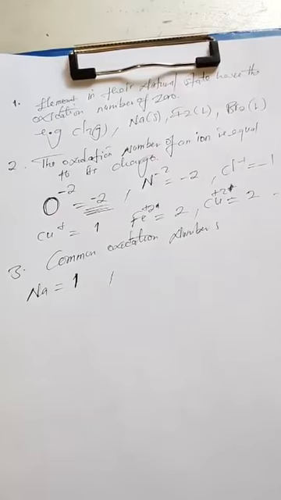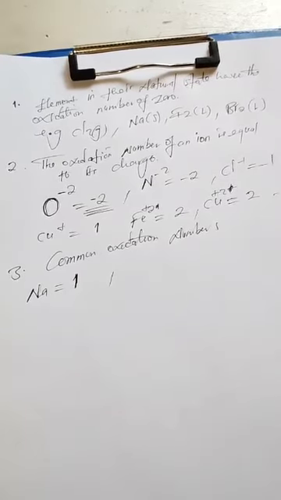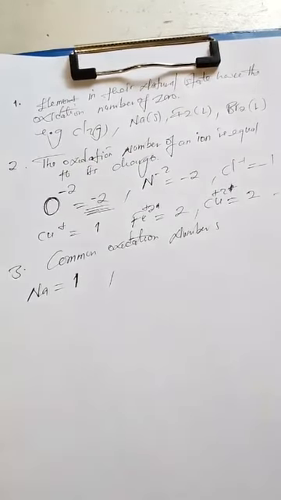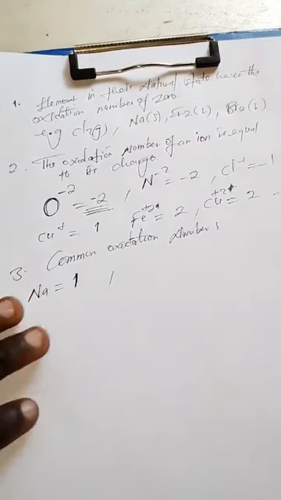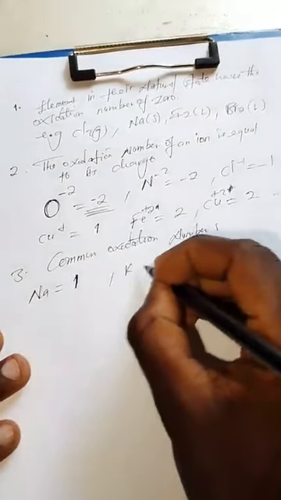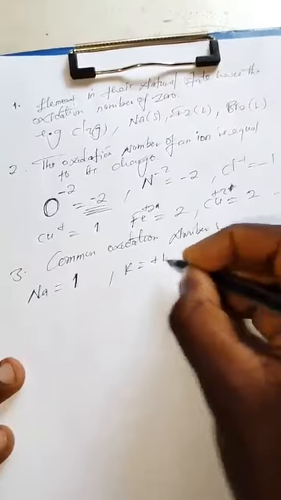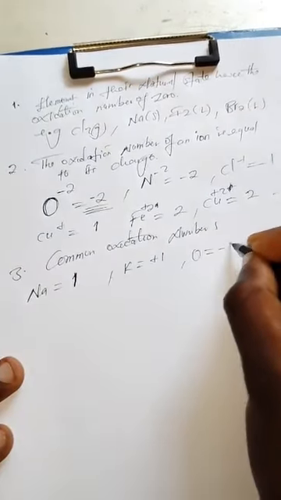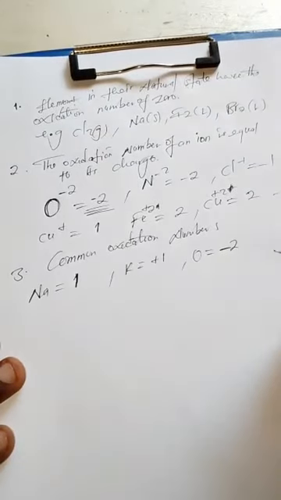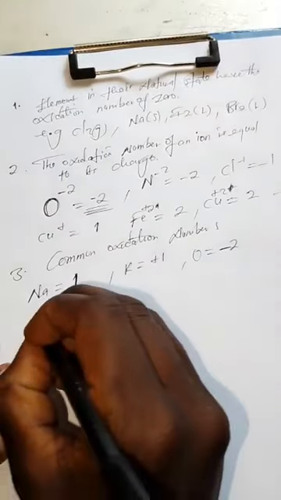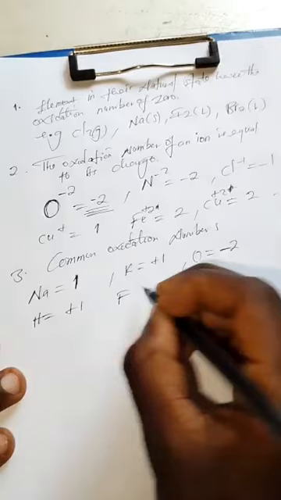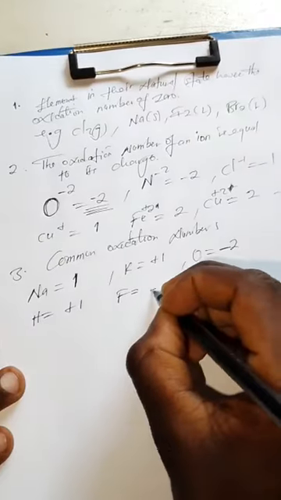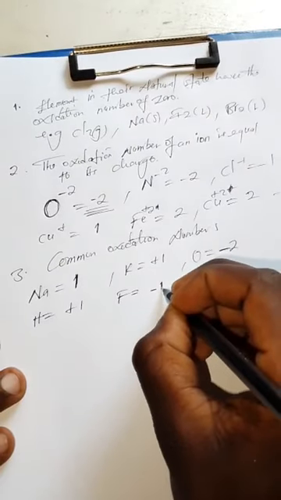Sodium in group 1 has an oxidation number of 1, potassium like that. These are common oxidation numbers. Sodium positive 1, potassium also positive 1, oxygen negative 2. Hydrogen positive 1, and this is negative 1.